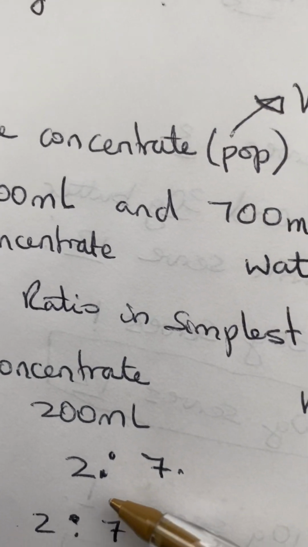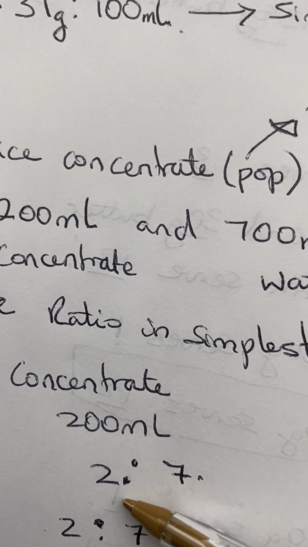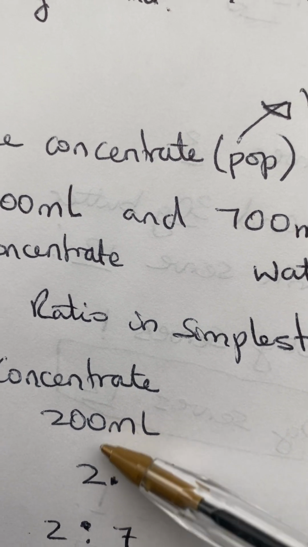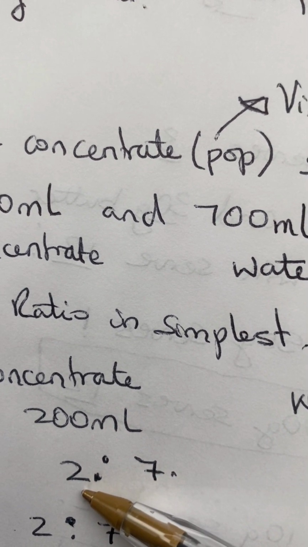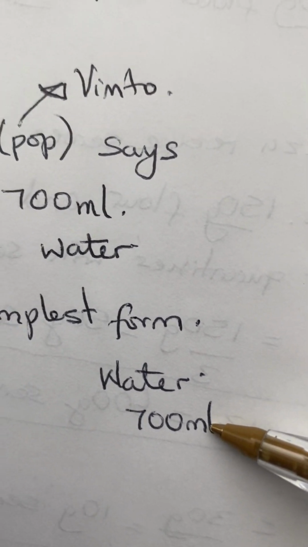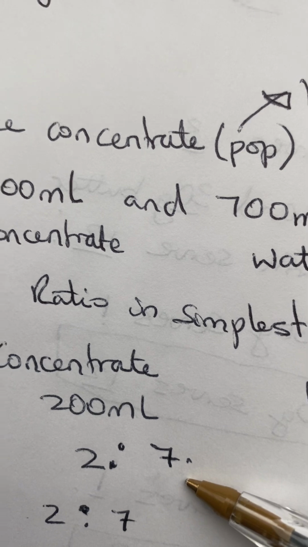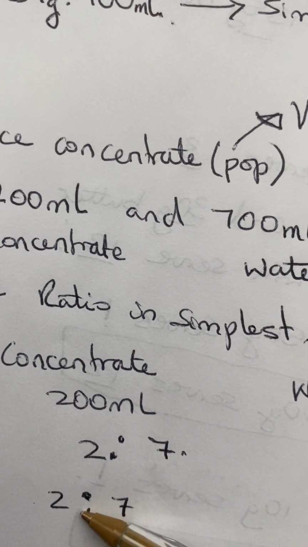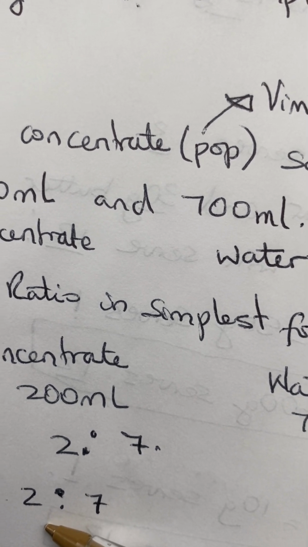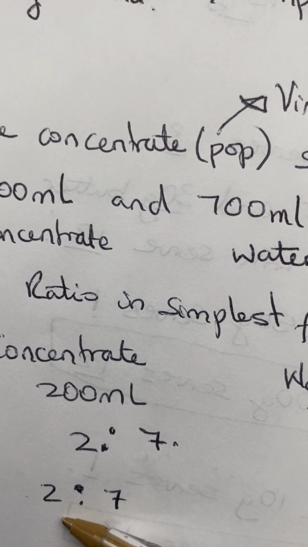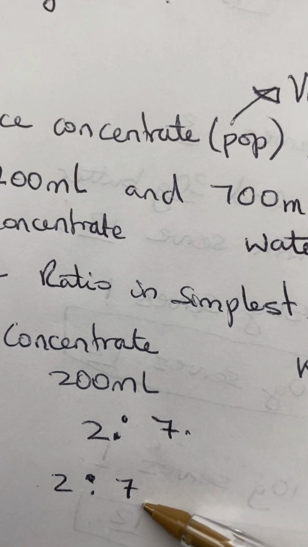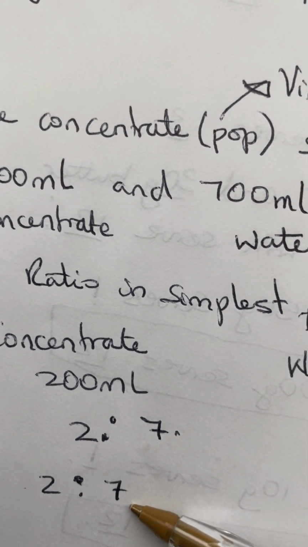This is very straightforward. If I divide 200 by 100, I'm going to get 2. And if I divide 700 by 100, I'm going to get 7. So what I need here is 2 mils of concentrate to 7 mils of water, and that should be fine.